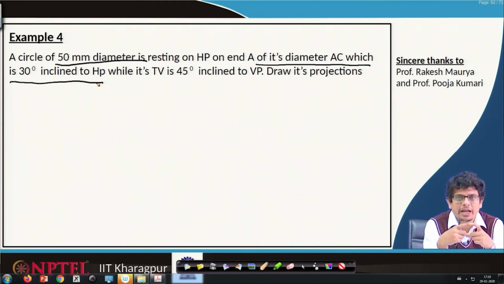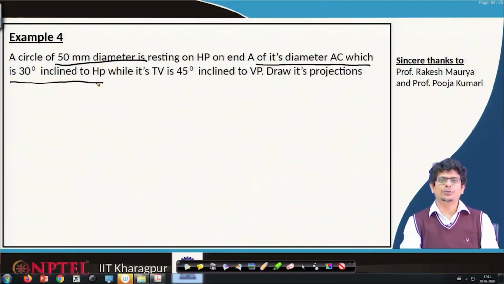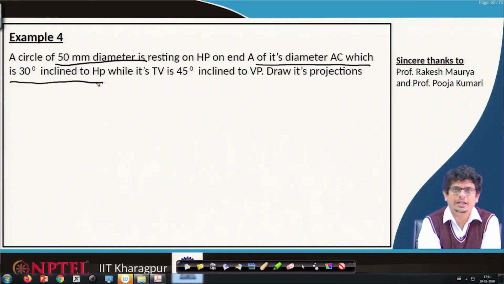So, again we will rotate that plane into making 45 degrees angle with the vertical plane. So, first do it in the reverse way: begin with 45 degrees, go for rotation of 30 degrees and finally obtain this original figure.